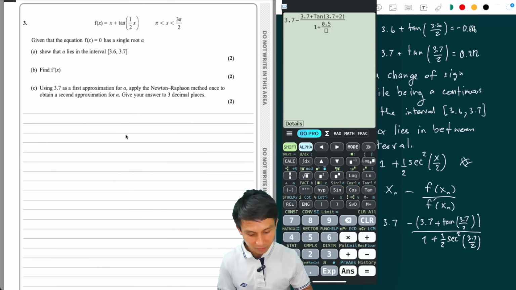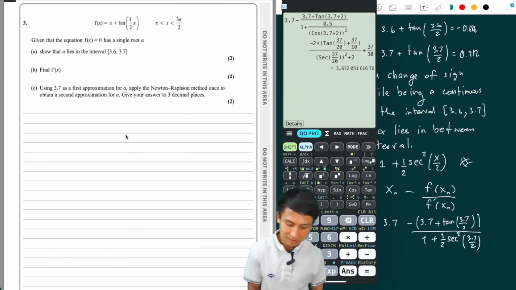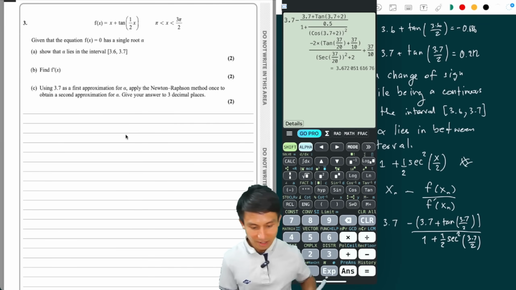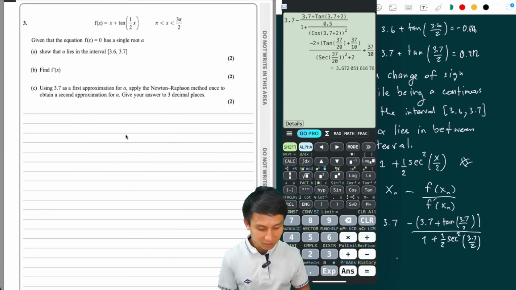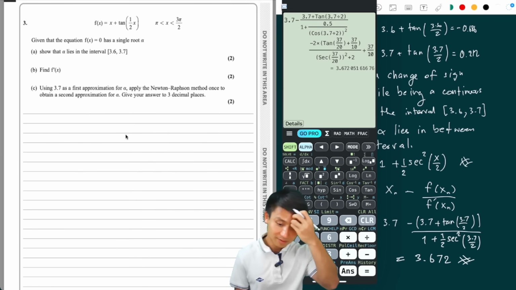So that's 1 over cos, so I'm going to do bracket here, and cos 3.7 divided by 2, and then close bracket squared. So that's my sec squared there. And that will be, so we've got to give it to 3 decimal places, so I'm just going to do 3.672, my answer. That should be fine.